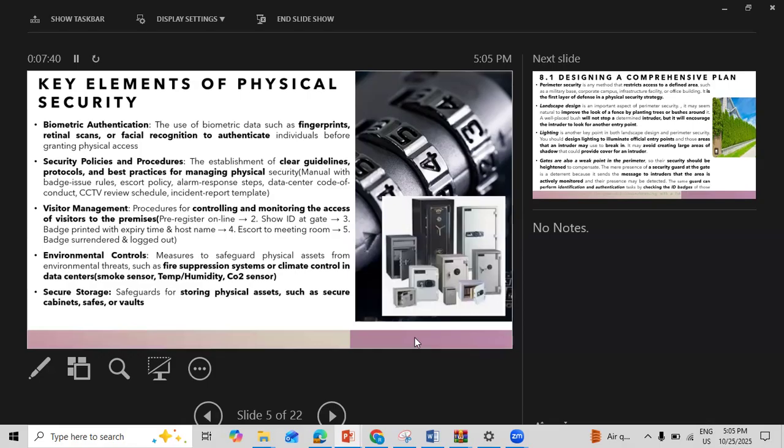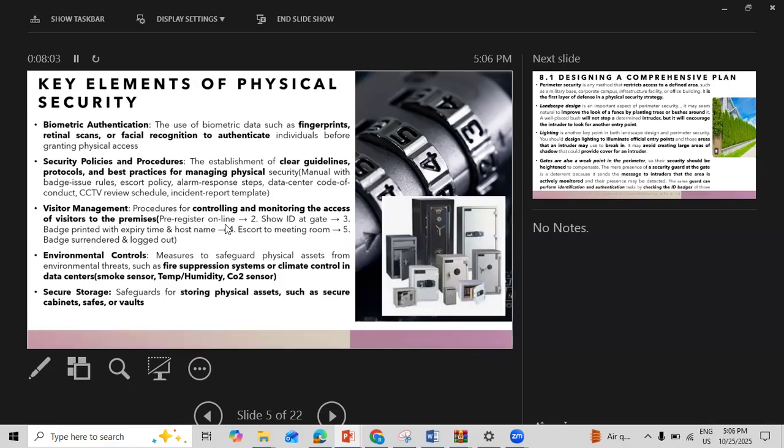See here, I give some examples. Pre-register online: before you go for the industrial visit, you have to register online. The teacher will register online first, giving your national ID numbers. Then the company will verify all those things. Then you have to first go to the gate, and at the gate there will be a security guard.